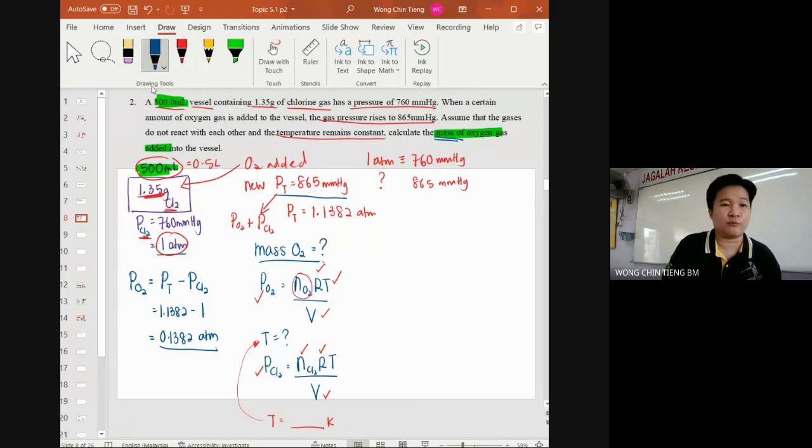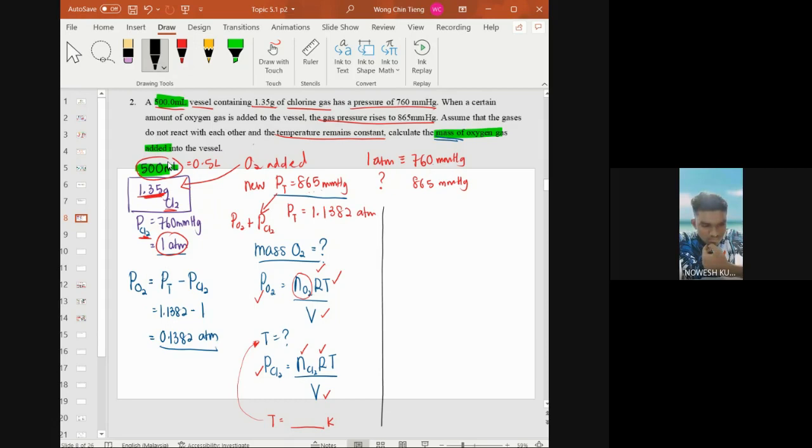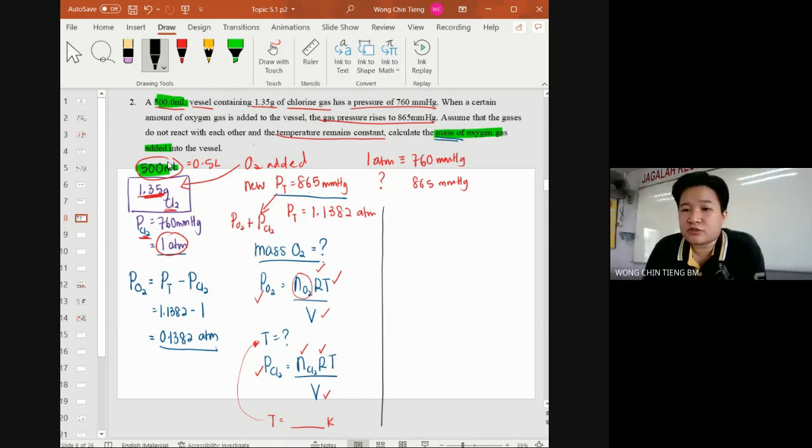Another method untuk membuka minda kamu sikit. Nawash, what method do you use? XO2 PT. We use the mole fraction. In this case, we still need the number of mole of your chlorine.